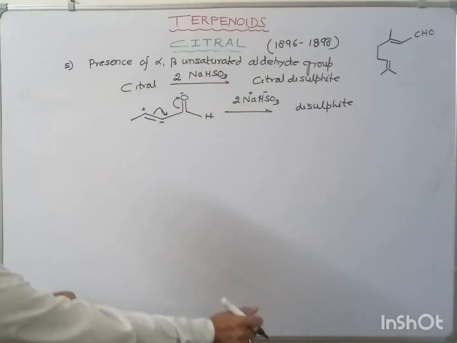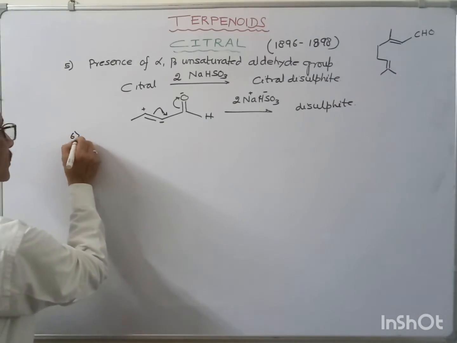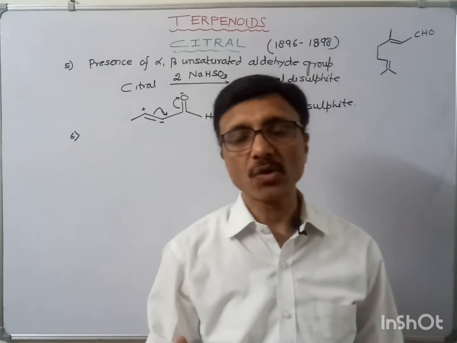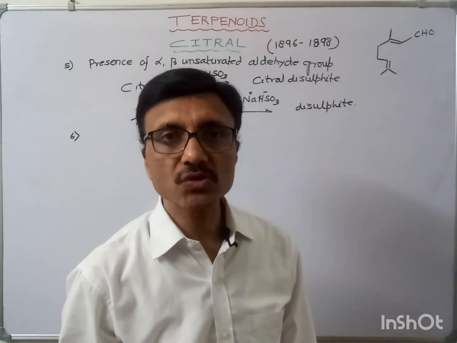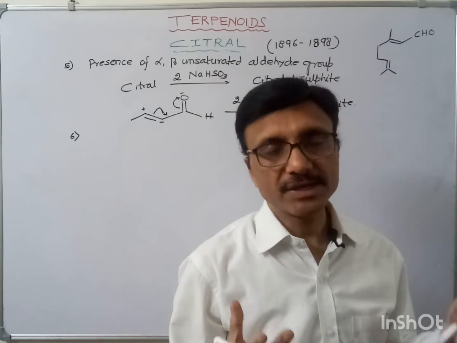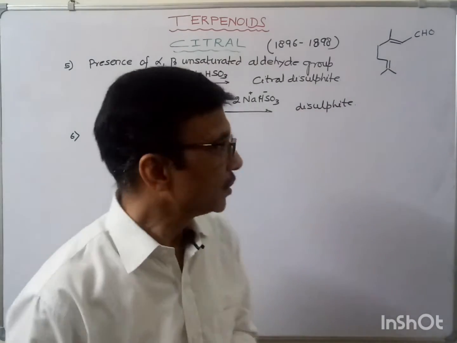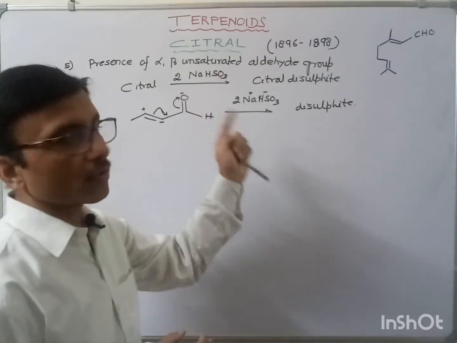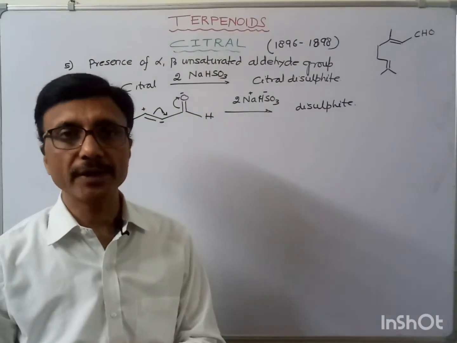Now next, whether this citral is acyclic or cyclic. So the presence or absence of a ring in citral can be proved by converting the formula into the saturated hydrocarbon.